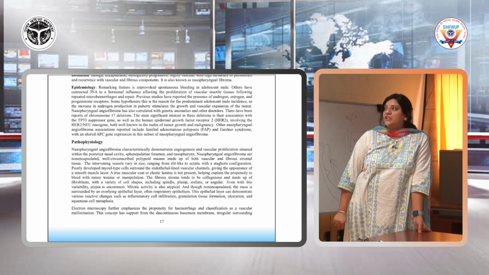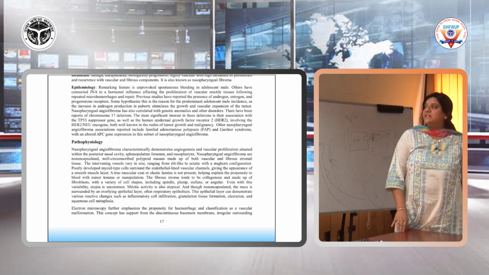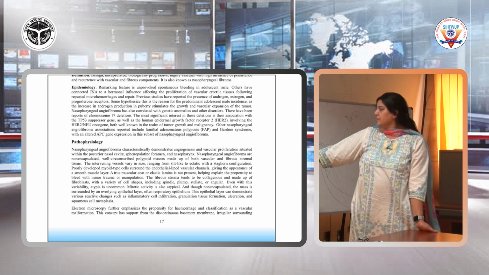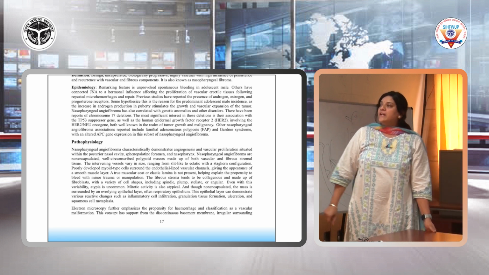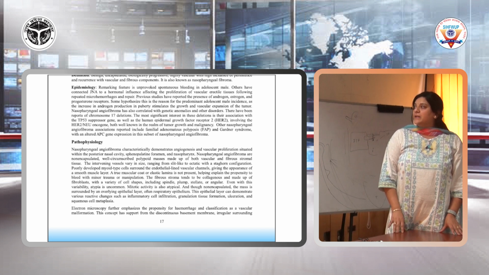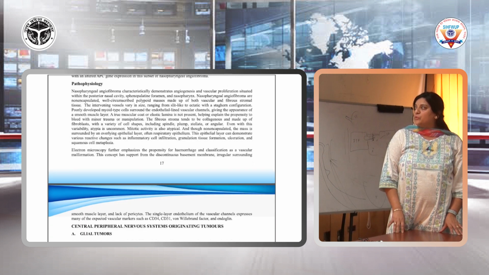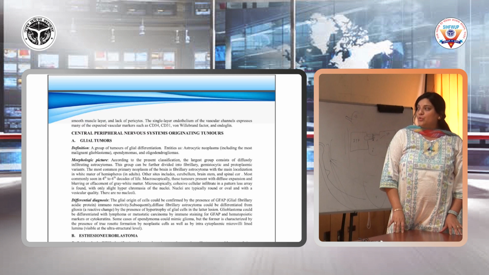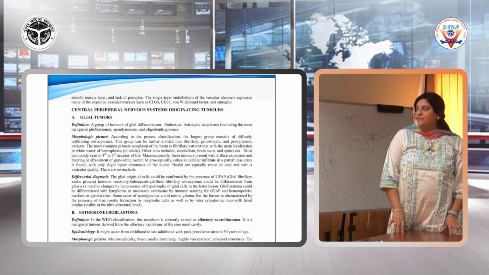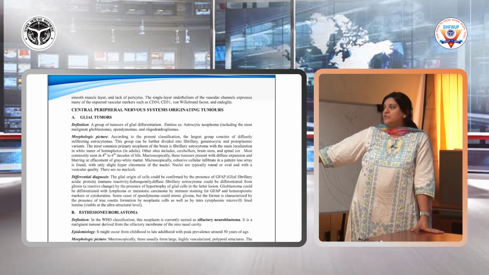Others have connected JNA to a hormonal influence affecting the proliferation of vascular erectile tissue following repeated microhemorrhages and repair. Coming to the pathophysiology, nasopharyngeal angiofibroma characteristically demonstrates angiogenesis and vascular proliferation situated within the posterior nasal cavity, sphenopalatine foramen and nasopharynx. They are non-encapsulated, well-circumscribed polypoid masses made up of both vascular and fibrous stromal tissue.